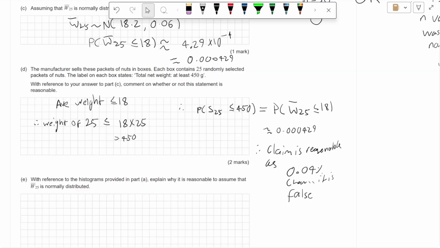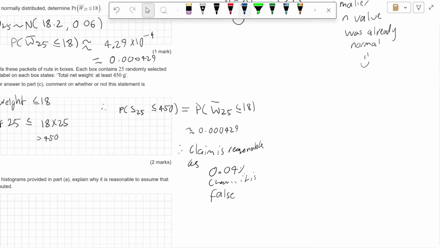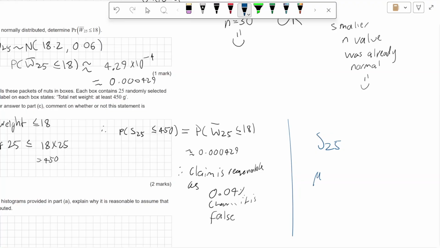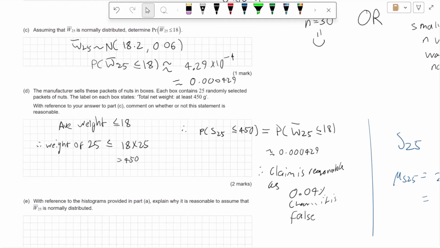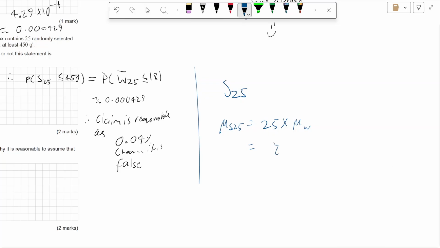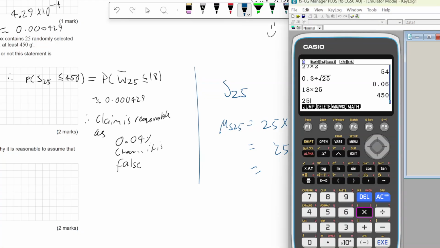Now, I really want to point out that another way you could do this is you could look at S25. So the mean of S25 is 25 times the original mean of one thing. So that's 25 times 18.2, which roughly equals 455. This is just another way you could do it, using sums rather than averages.